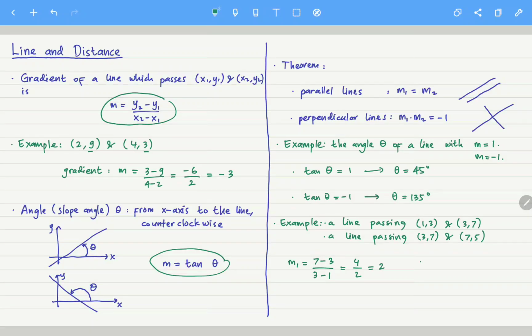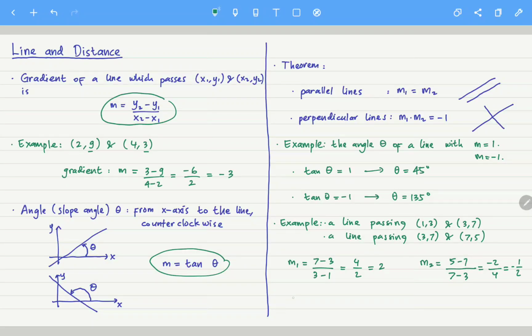And also we can calculate the gradient of the second line with the same equation. So y2 minus y1, 5 minus 7, over 7 minus 3, so we get -2/4, so this is -1/2. So the first gradient is equal to 2, the second gradient is equal to -1/2.